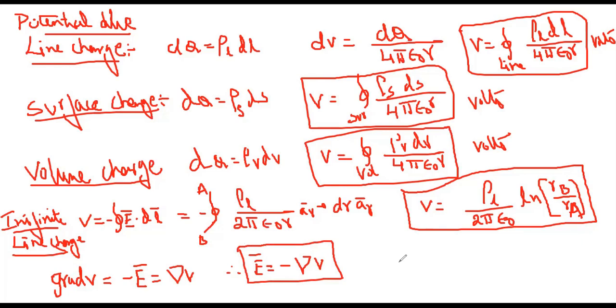And in this, for the Cartesian coordinate system, the cylindrical coordinate system and the spherical coordinate system, del V is as follows. For the Cartesian coordinate system, del V is equal to dou V by dou x into ax bar plus dou V by dou y into ay bar plus dou V by dou z into az bar.